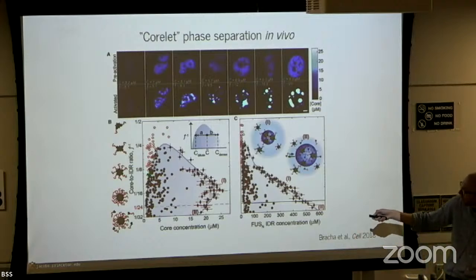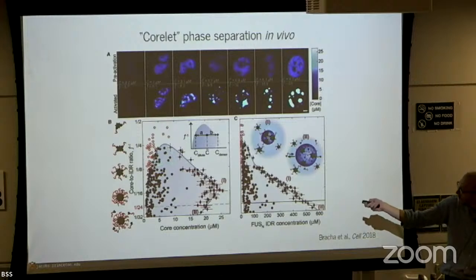Okay. So the different points here from the experiments show where phase separation is or is not observed. The filled circles mean that phase separation is observed, empty means it's not observed, and there are some estimates of what the coexisting polymer and core concentrations are in our two different phases.